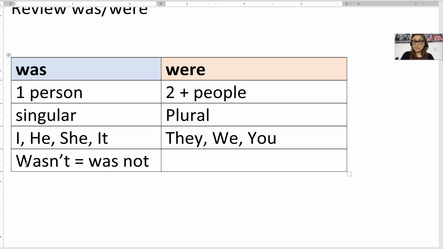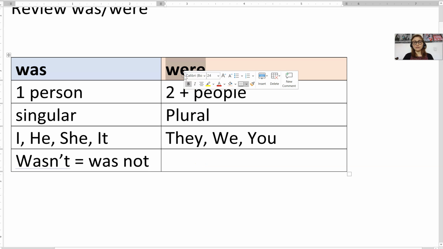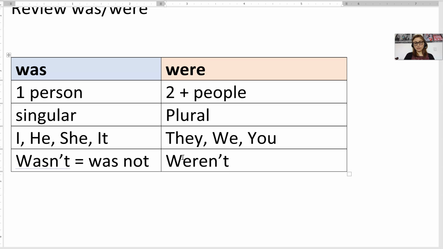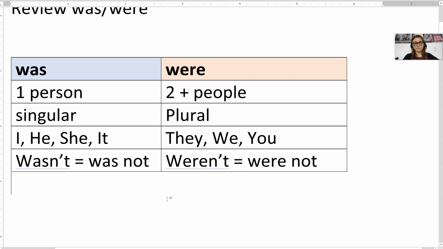So it's your choice if you want to say was not or wasn't. Okay, how about for were? How do I make the negative for were? Weren't. Remember it's one syllable, very fast word. And that is the same as were not.